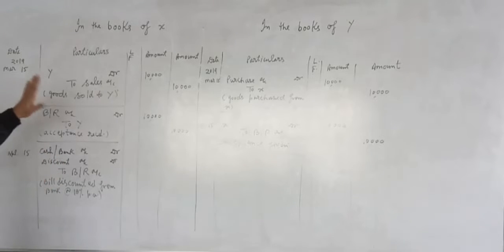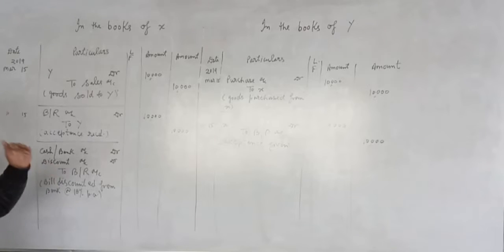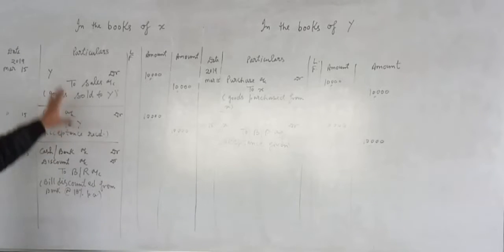But X needed the money, so he went to the bank in the next month and deposited his BR in the bank. As we discounted the cheque, in the same way he discounted the bill, the BR, and he got the amount before the maturity date. So when the bank pays the amount before the maturity date, he will charge some amount, that will be discount. He will take the amount of discount because the bank is giving the facility to X.